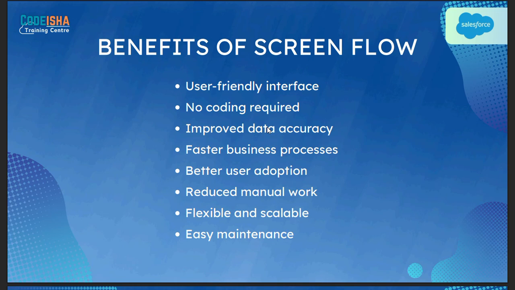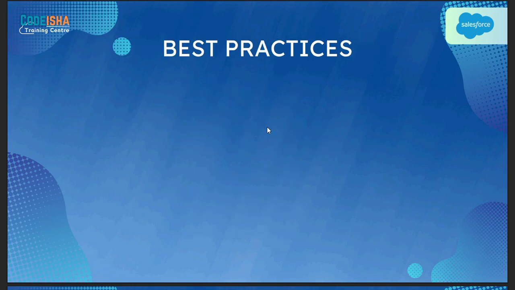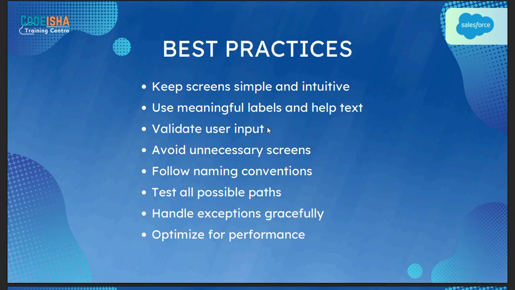Coming to the best practices, keep screens simple and intuitive. Don't add any other unrelated things, add only required things. Use meaningful labels and help text. Don't add zigzag names or unnecessary names. Let's give meaningful names, and if anything is required, let's add help text also.